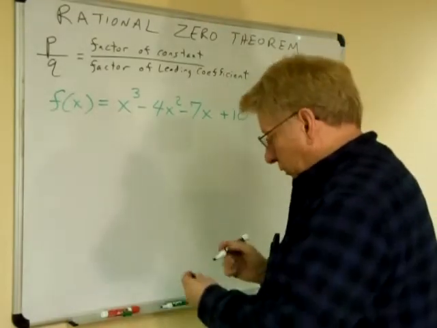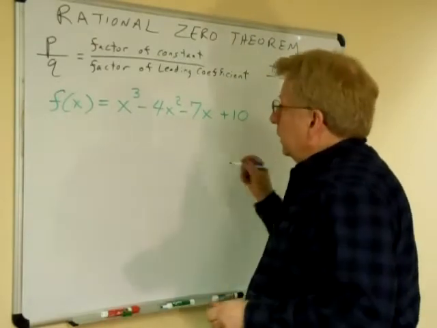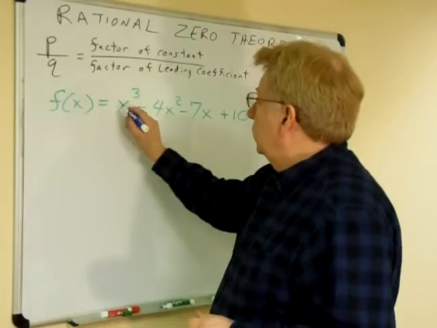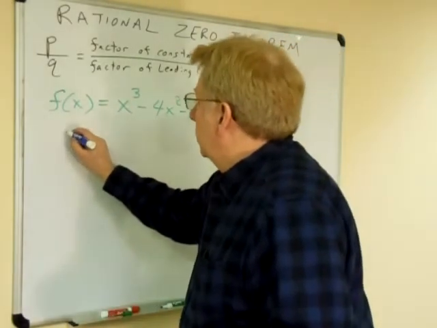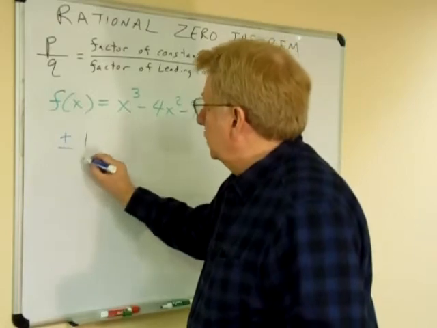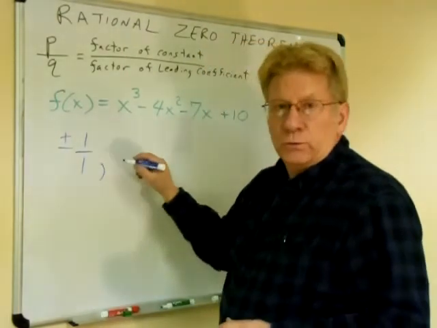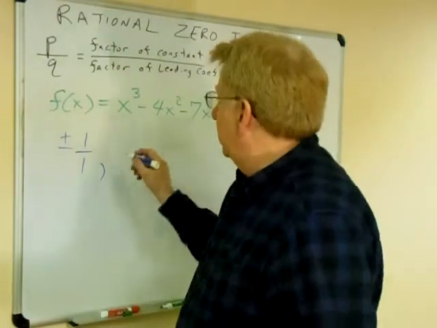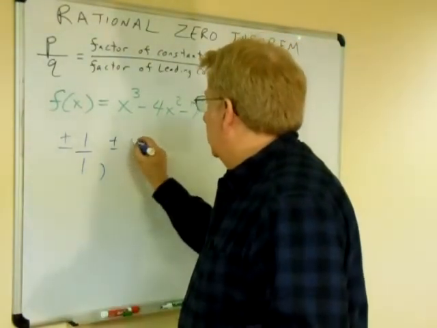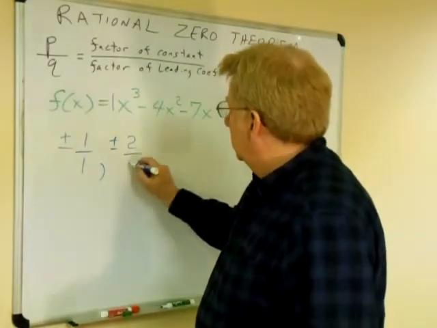So in this case, let's go with this one. I've got factors of 10 over 1. So I have plus or minus, one factor of 10 is 1, so 1 over 1. Another factor of 10 is 2, 2 times 5, so I can say plus or minus 2 over the leading coefficient, which is 1.